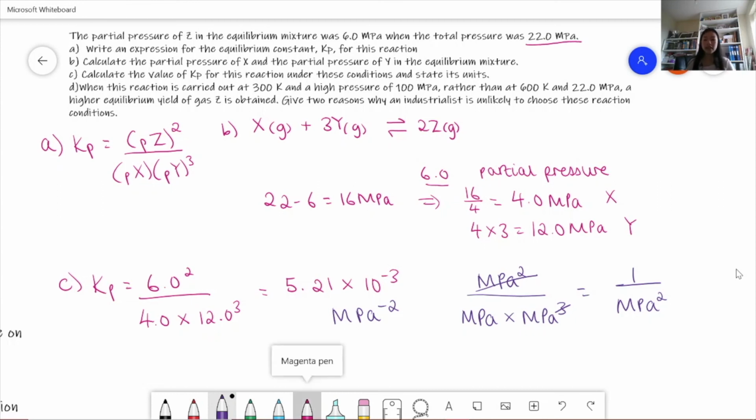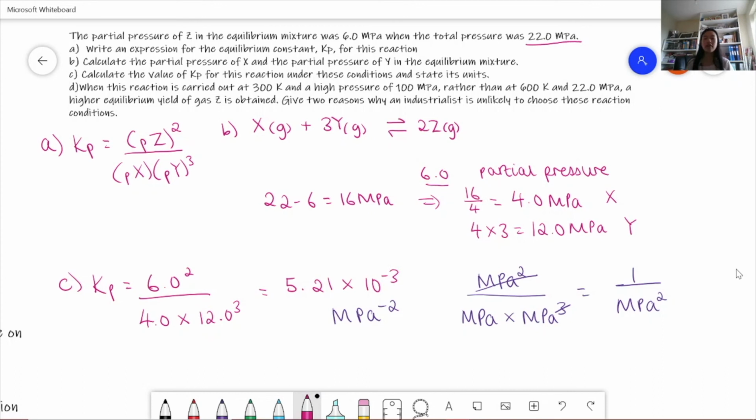And then for D, when this reaction is carried out at 300 K and a high pressure of 100 megapascals, rather than at 600 Kelvin and 22 megapascals, a higher equilibrium yield of gas Z is obtained. Give 2 reasons why an industrialist is unlikely to choose these reaction conditions.